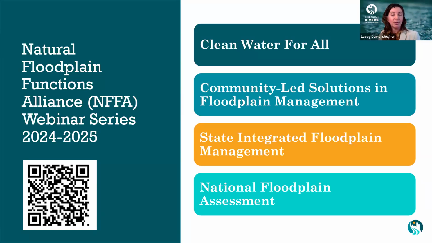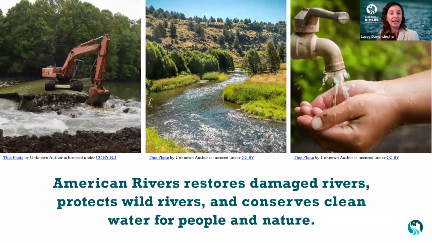That project is really going to quantify the degree of floodplain protection and alteration across the US, and hopefully be a really useful tool for folks to increase the scale and pace of restoration. You can learn more about those on our website as well.